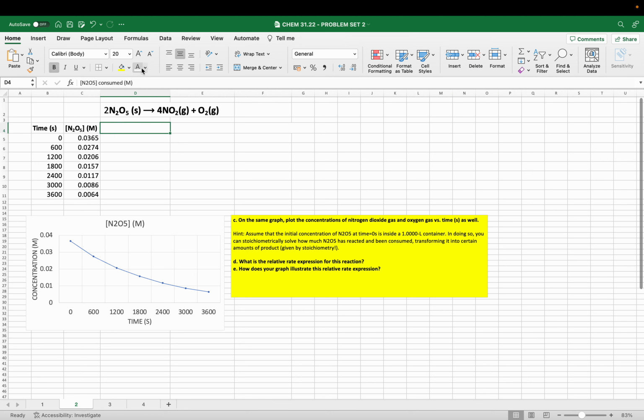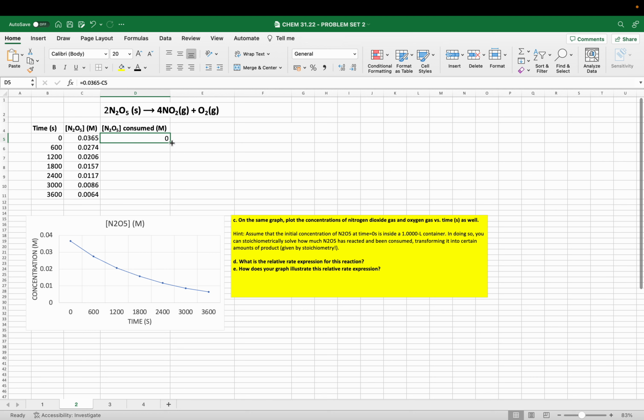The first thing we're going to do is create a new column labeled the amount of N2O5 consumed. And we are going to solve this simply by taking the initial concentration of 0.0365 molar, and subtracting whatever concentration N2O5 exists as now. So with that, we'll just get 0 moles of N2O5 consumed at time equals 0.